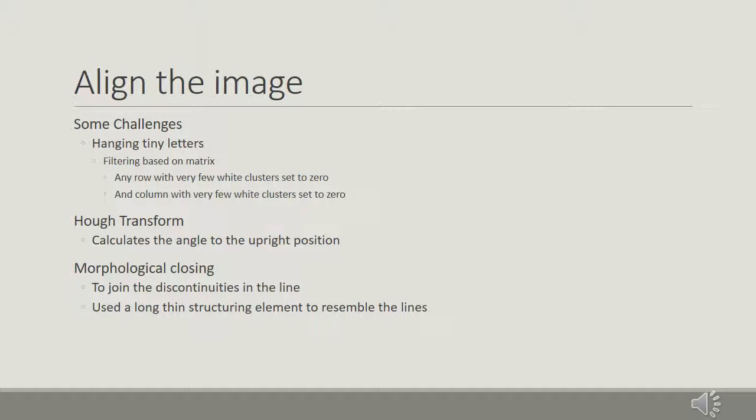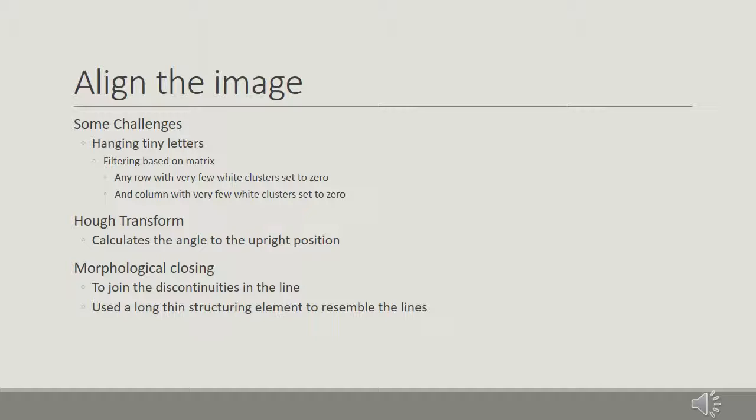What that will do is it will see the whole image row wise and column wise, and those rows and columns where there are very few white dots, it will get rid of them. So wherever on whichever rows we detect those tiny letters, it will consider them as noise and get rid of them.